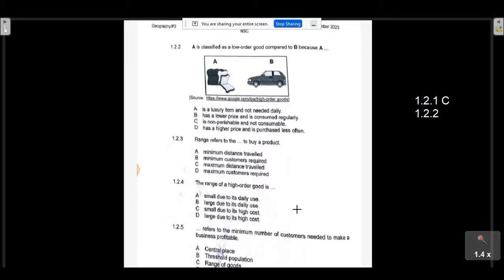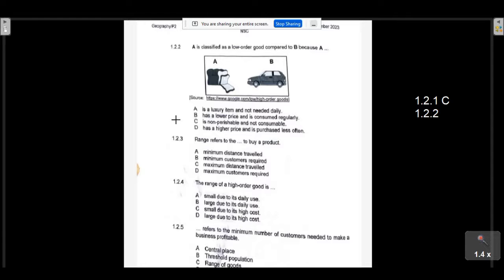And then C is non-perishable and not consumable. Non-perishable basically means that it can be stored for a very long time and not get damaged or ruined. And then not consumable, that means you cannot eat it, which is very incorrect. And D says it has a higher price and is purchased less often.